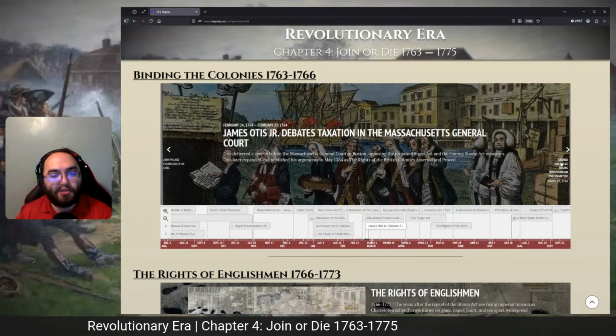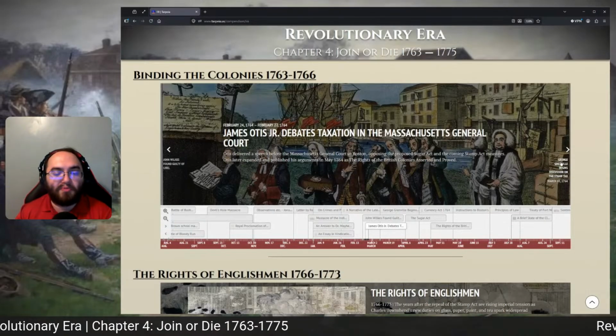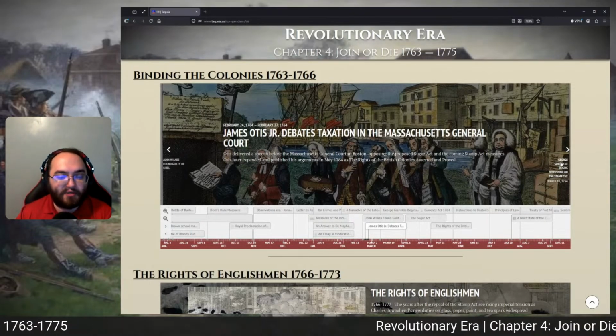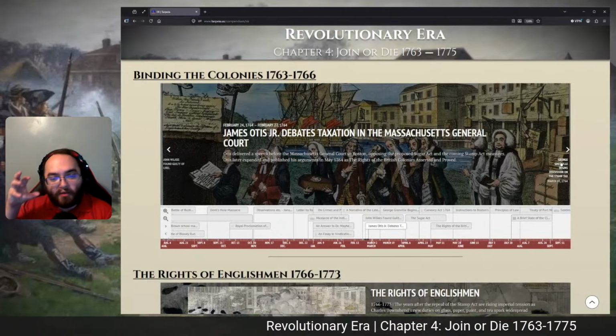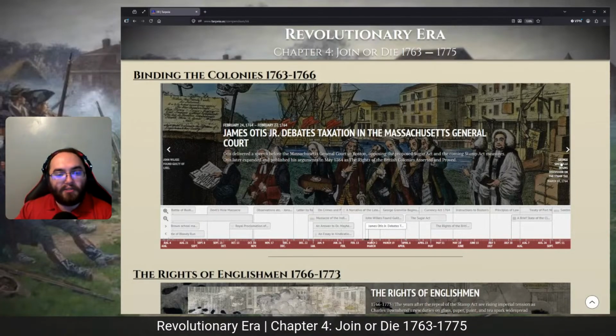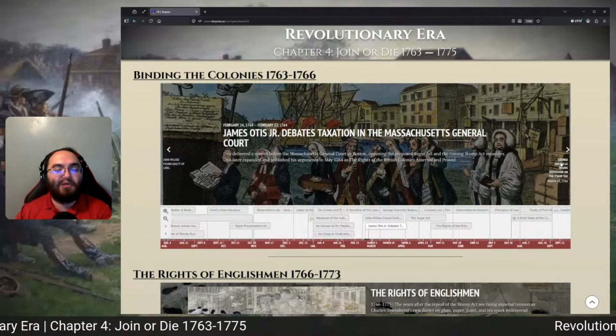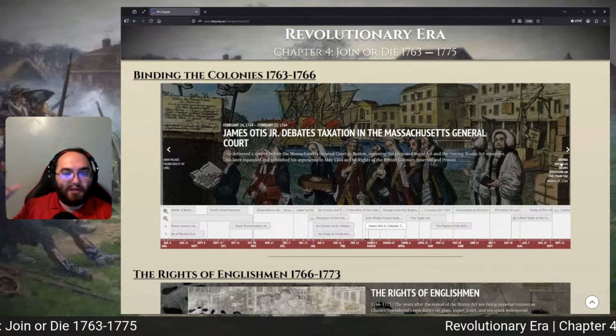How do we react to British encroachments on our authority to govern the colonies ourselves? And they're going to start at the local level and then the colonial level, and then they make their way up to the United Colonies level. And this chapter shows that progression.